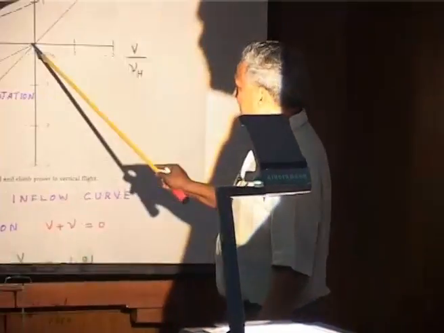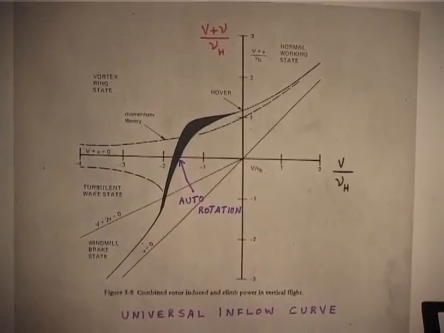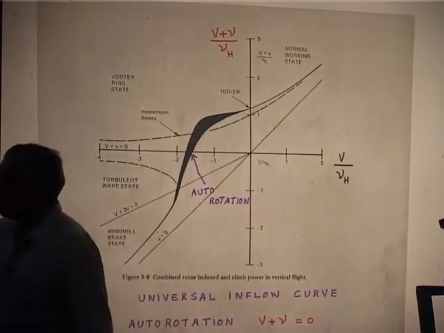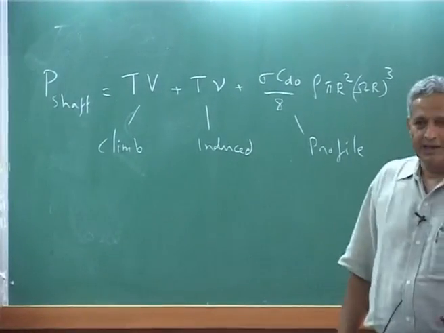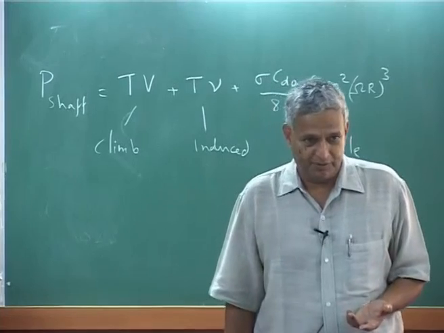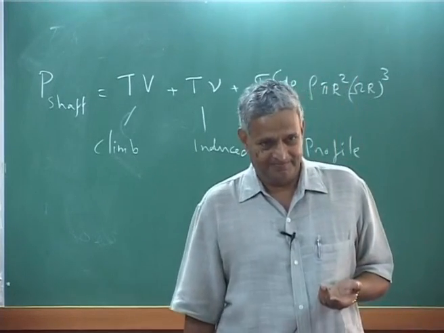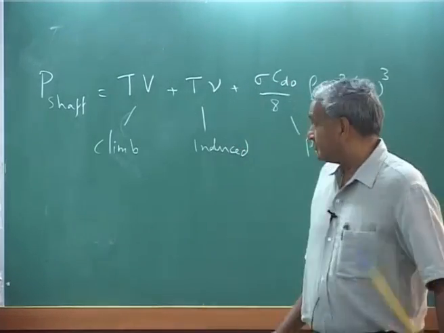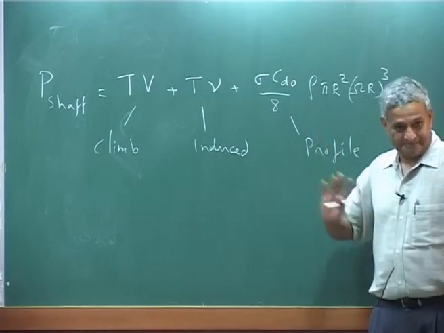V plus nu 0 is this axis. Essentially, yes, it is close to auto rotation, because if you neglect this term, that means the profile drag I am not including, only the induced power, because usually the induced power is much larger. This is not very large, but it is there.